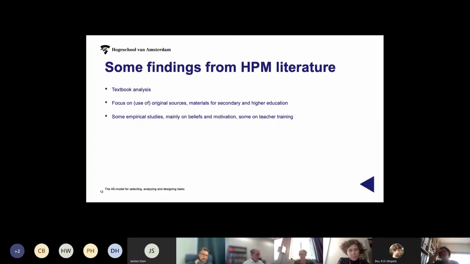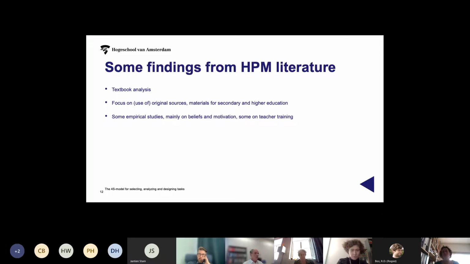Well, there is a lot of literature already written on this subject, on using history together with pedagogy and mathematics. If you look at the literature, you will find a lot of textbook analysis. You will find that there is a focus on the use of original sources and on using history mainly in secondary and higher education.